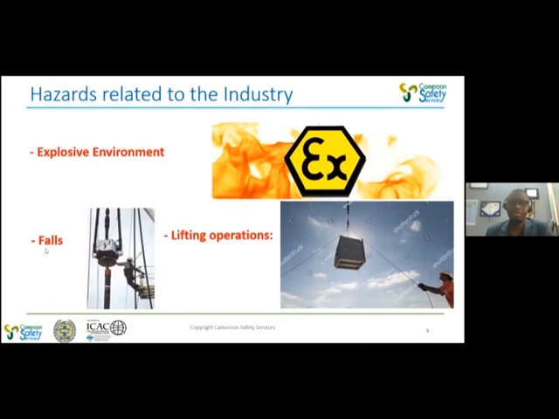We equally have hazards like falls. People have to work at height, either during equipment maintenance or the guy who is working at the mast trying to connect pipes. If he does not know how to use the PPE that has been given to him or her, like a safety harness, he runs a risk of falling.